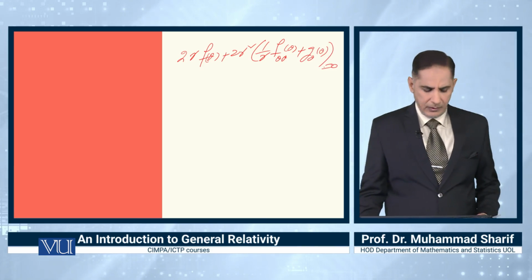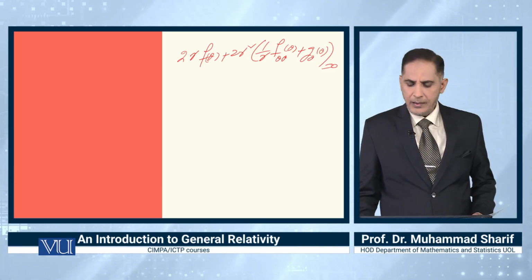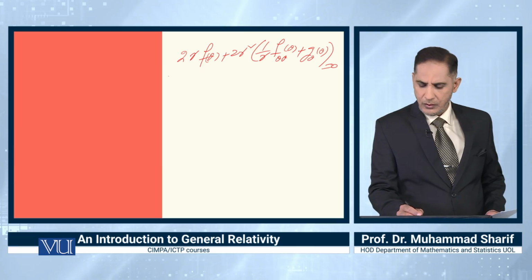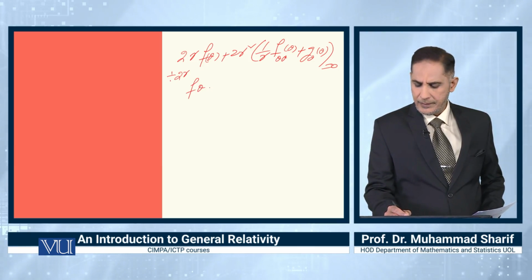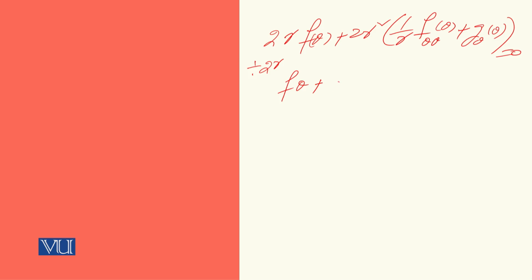This is equation number 3. Now we divide this equation throughout by 2r. So we are left with f theta plus f theta theta plus r g theta theta equal to 0. Now we have found this equation which has two parts.